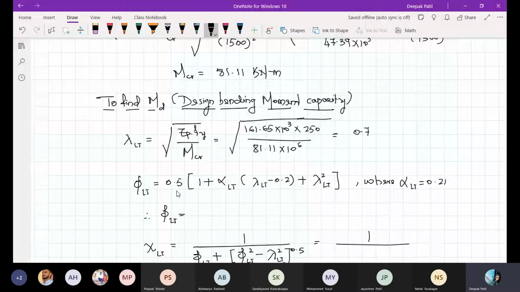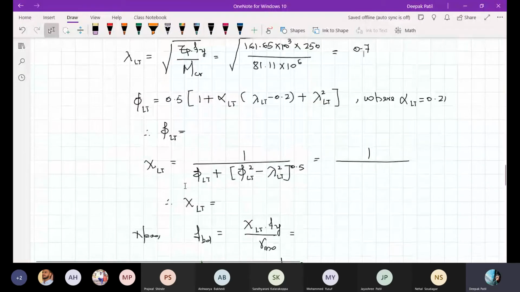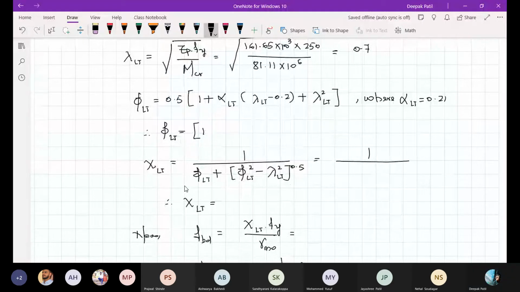Then similarly, I have to calculate phi LT, which is 0.5 times all this, and alpha LT will be 0.21. Let me just write once again.